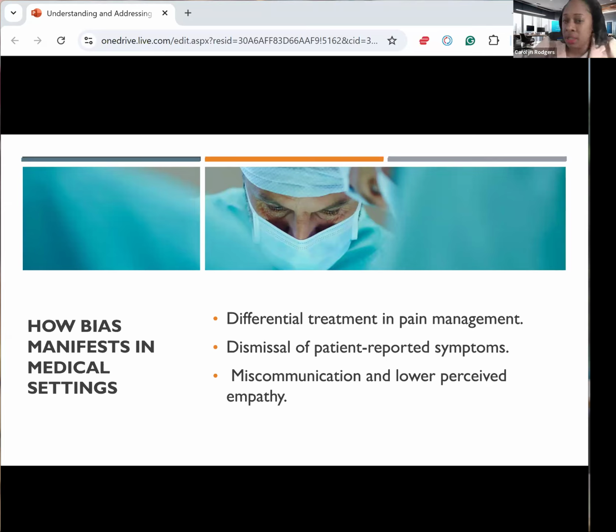So they're not listening to the patients or giving adequate information about treatment, as though the patients have no knowledge. So again, that's something that we need to take a look at. And then number five, negative stereotyping. Providers may unconsciously associate negative stereotypes with certain groups, affecting how they view a patient's behavior, lifestyle, or compliance.